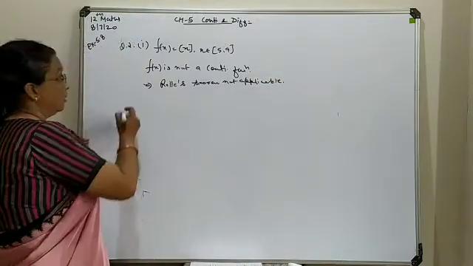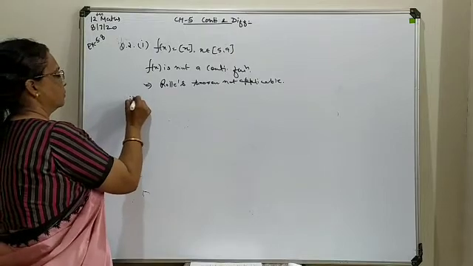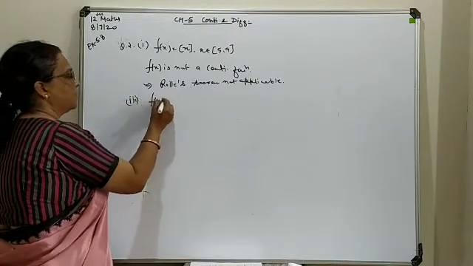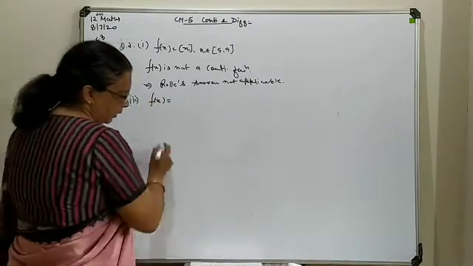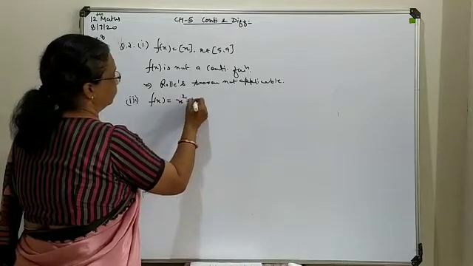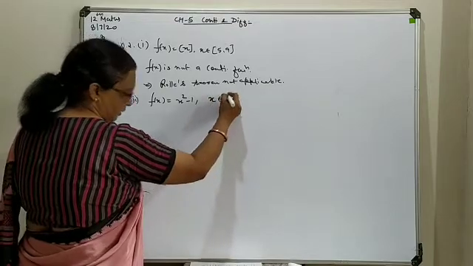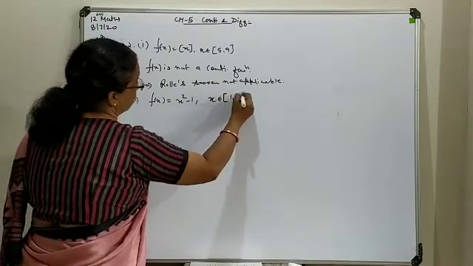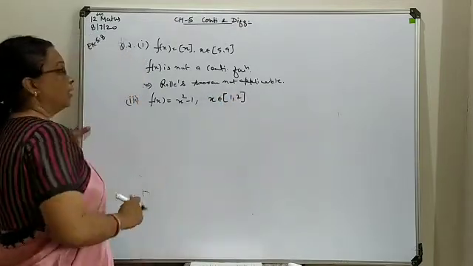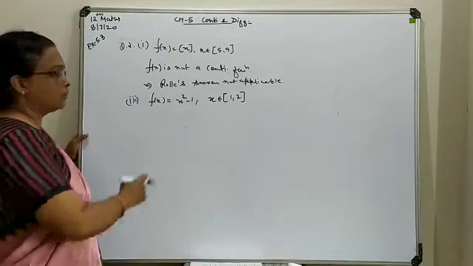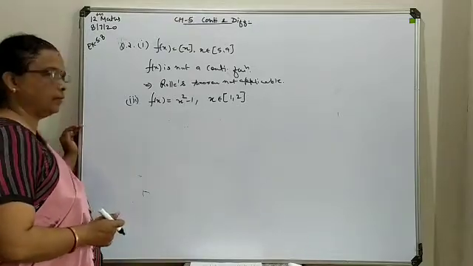Now if you look at the third part, in which f(x) is x squared minus 1 on the interval 1 to 2. Here it is a polynomial, so it will be continuous as well as differentiable.